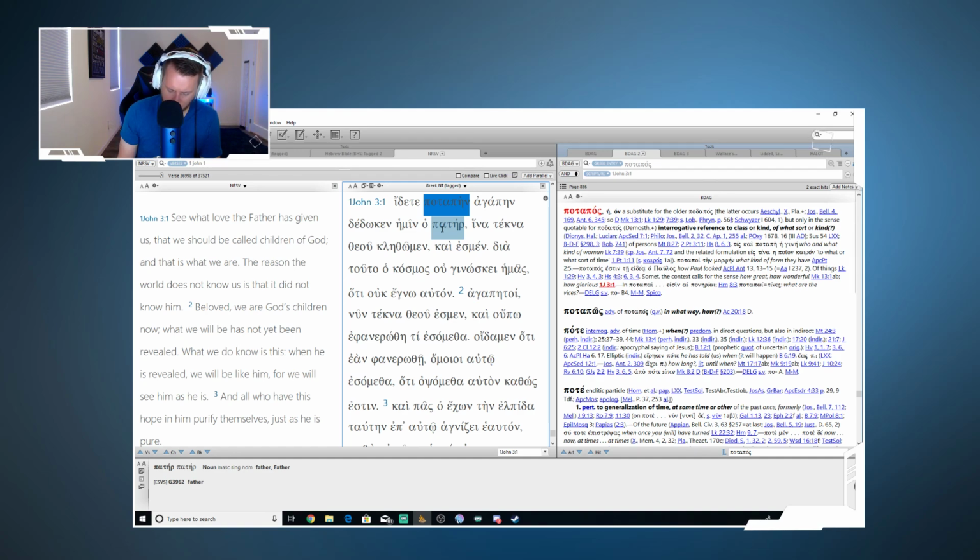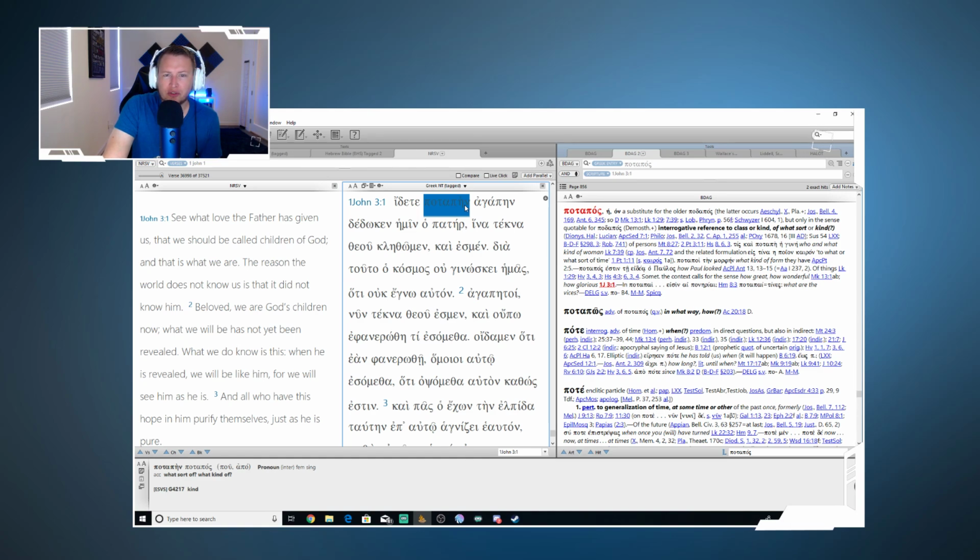I know there's no article here, but I'm going to put the love. See how glorious the love the Father has given to us. I want to point out, dedoken here is indicative, but it's not the main verb here. Normally an indicative would be, but it's part of this here, potapen.